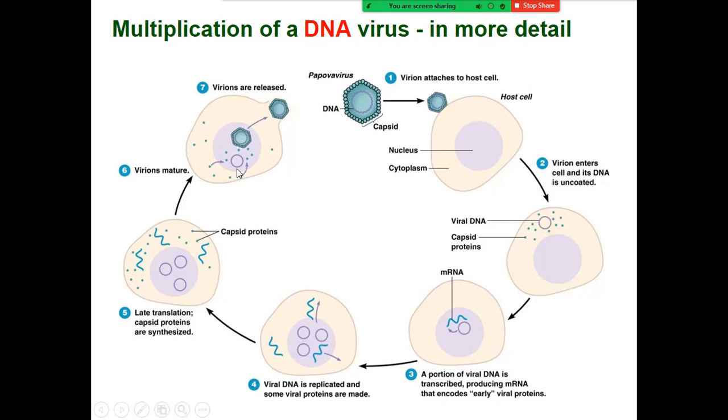And then the viral DNA will get together with the viral capsids to make the new virion. The cells are then released mostly by budding or something similar to budding, or they will lyse the cell, and then the lytic virus will be released. And then the virus will be outside the cell and it can attach to another cell. That's the life cycle of a DNA virus. Any questions about that?